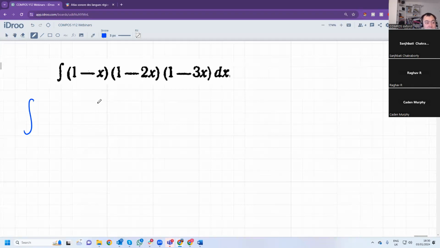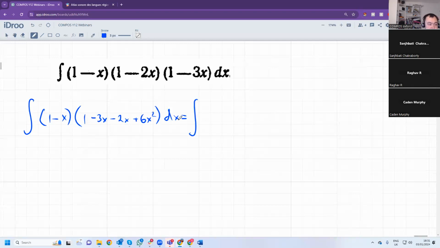Perhaps the easiest way is to multiply the second and third, so 1 minus x, and I'm going to multiply these two brackets. 1 times 1 is 1, minus 3x, minus 2x, plus 6x squared dx.